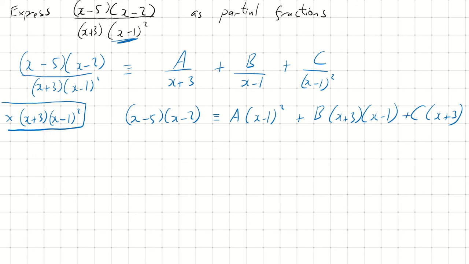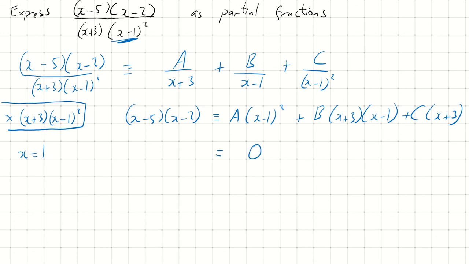Okay, and this is the form we're going to use to work out what A, B and C are. To find them, we need to substitute different values of x into this expression. The useful values are the ones that turn some of the brackets into 0, specifically the (x − 1) and (x + 3) brackets, because then a lot of the right-hand side will disappear. Let's first try x = 1. If x is 1, then all the (x − 1) brackets cancel out.